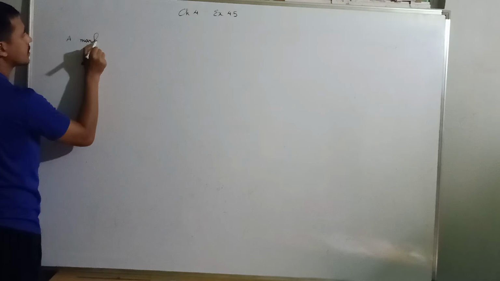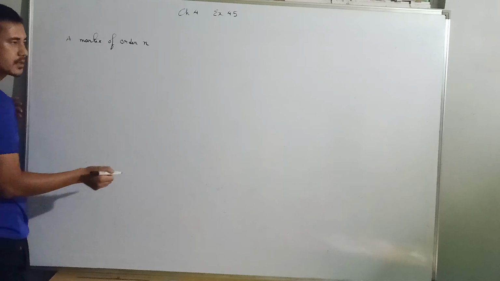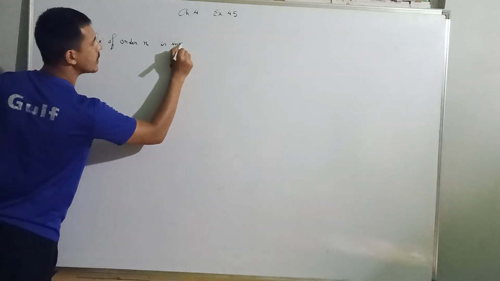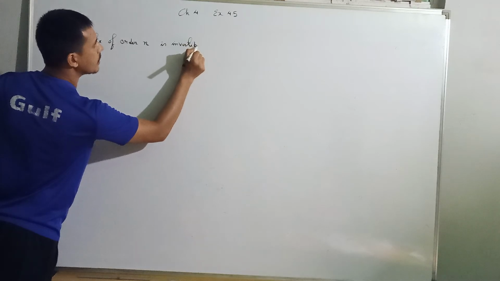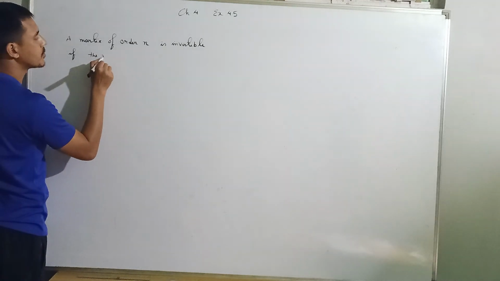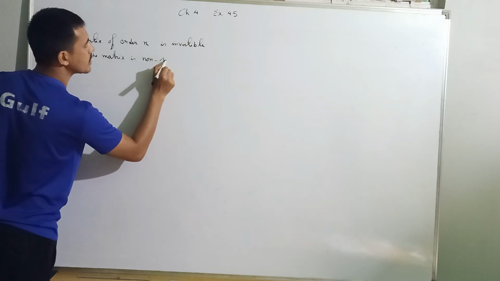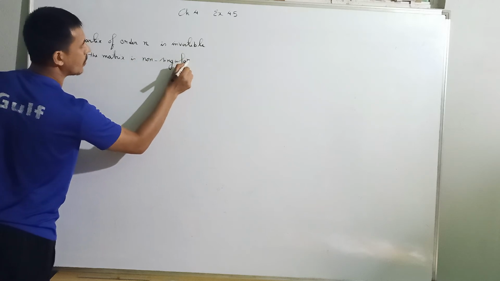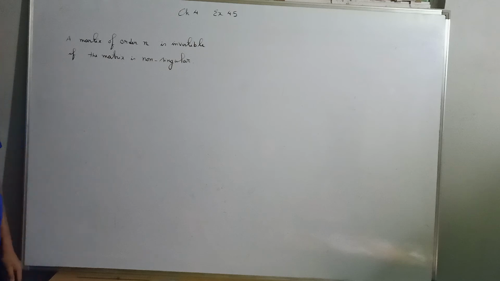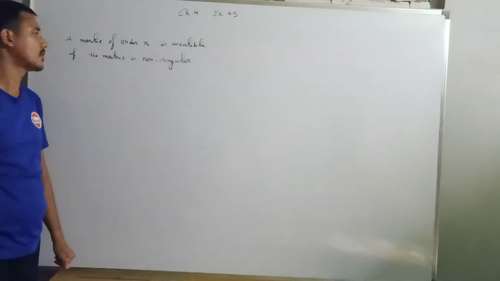A matrix of order n, in square matrix, is invertible if the matrix is non-singular. Only if your matrix of order n is non-singular, only in that case it is invertible. Okay, so a matrix of order n is invertible if it is non-singular.